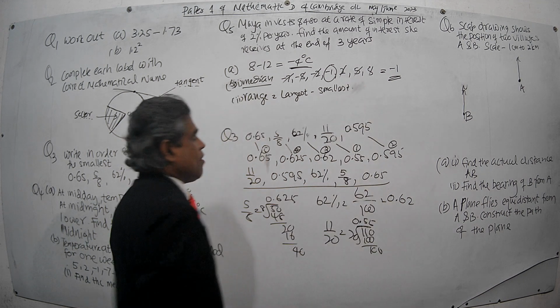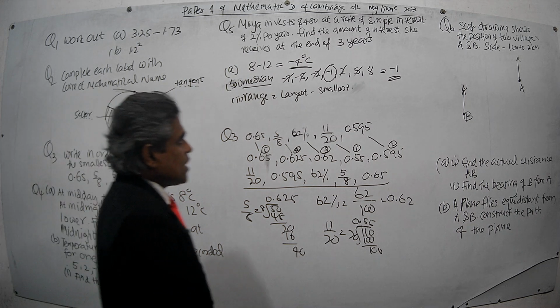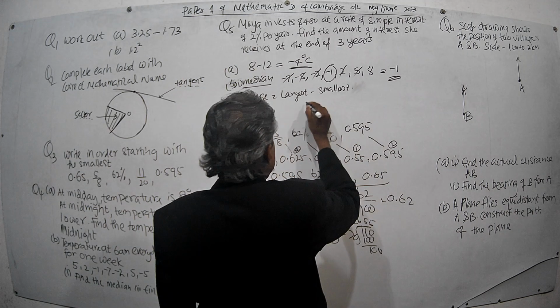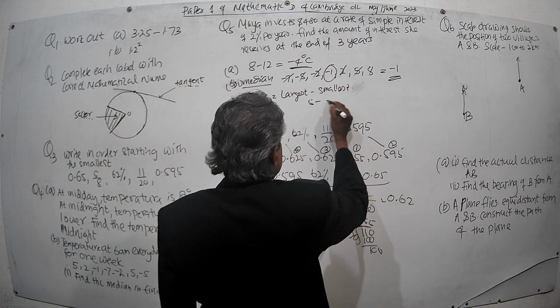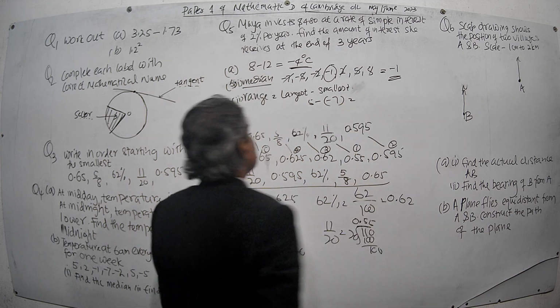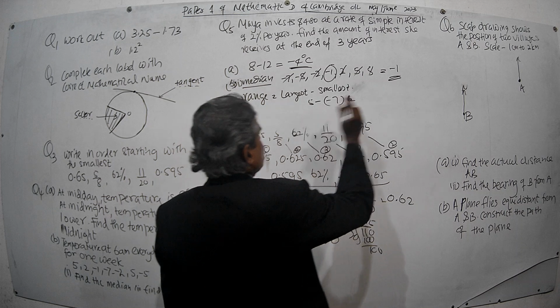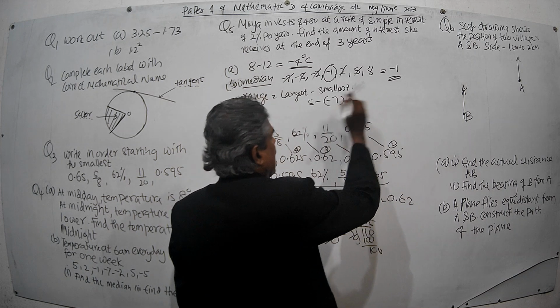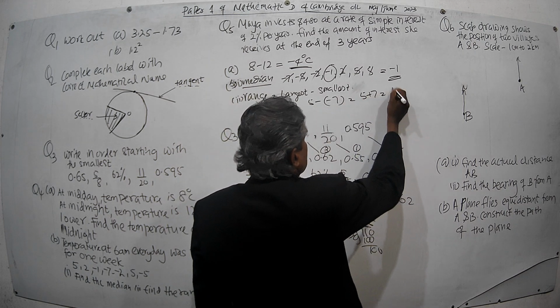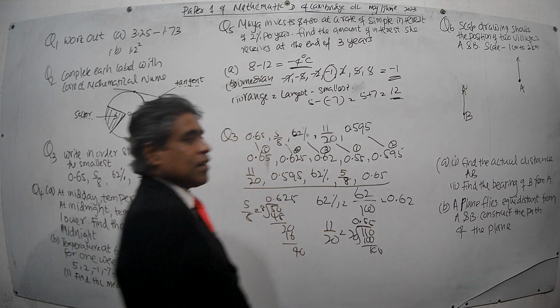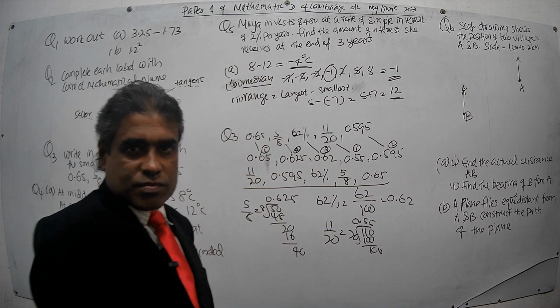What is largest here? Largest here is 5. Then 5 minus the smallest, which is minus 7. This minus 7 is the smallest. This is the largest, 5. Then 5 minus minus 7, minus times minus is plus. 5 plus 7 equals 12. That is the range. Okay. That is the range. Right?